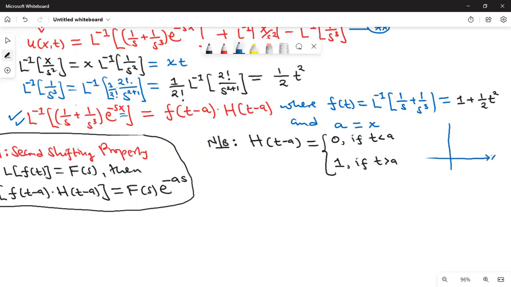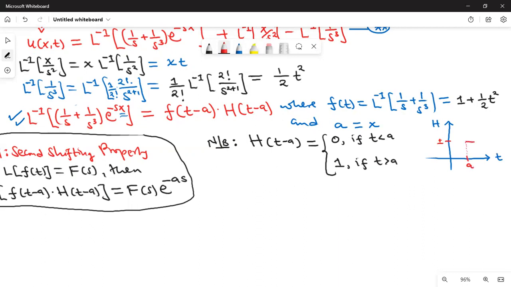This is the x-axis, but now instead of x-axis, we have the t-axis, so instead of x, I'll write t. And on the y-axis, we have h. So if I have 1 here, and I have a here, at point a, the function is discontinuous.